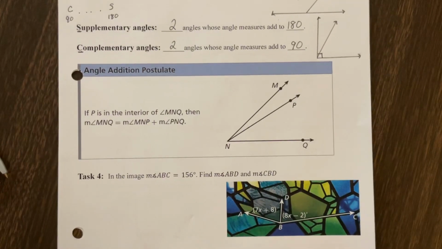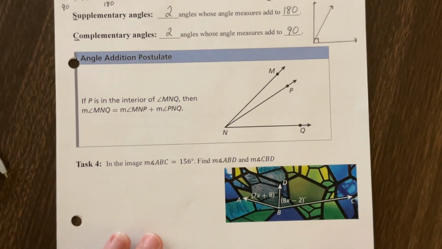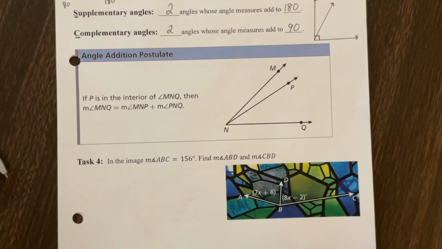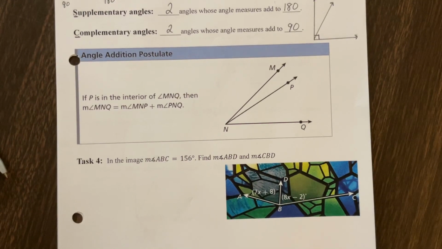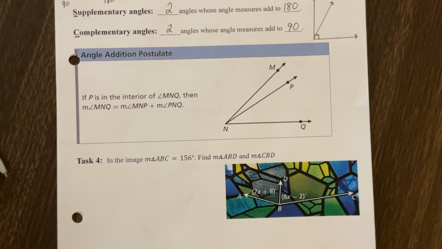In the last section, this is the last bit we're talking about for this section, the angle addition postulate. In the last section, we talked about the segment addition postulate that said that two pieces of a segment added up make the whole segment. The angle addition postulate, two parts of an angle added up make up the whole angle.